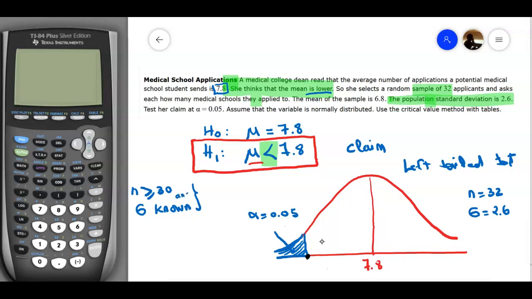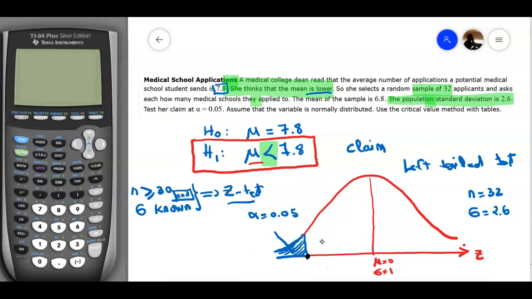So every time you have the AND statement, all right, you definitely use a z-test. Now knowing it is a z-test, I'm going to change my axis here to a z-axis. I'm going to assume this is the mean equal to 0, and sigma is going to be 1.